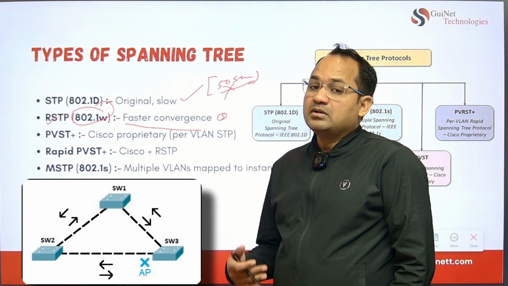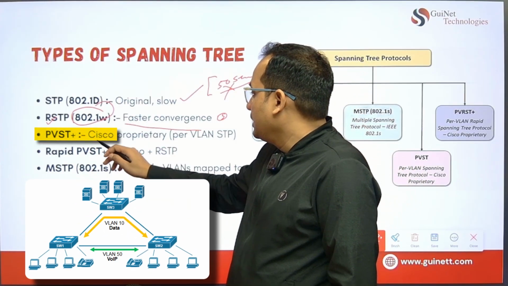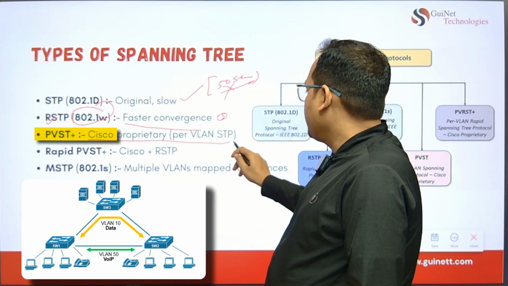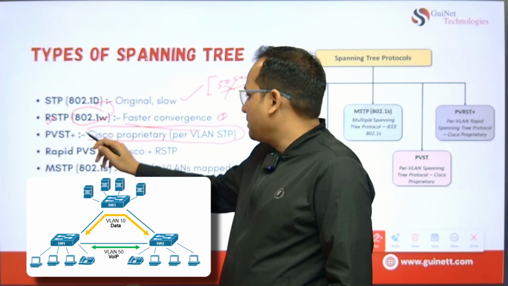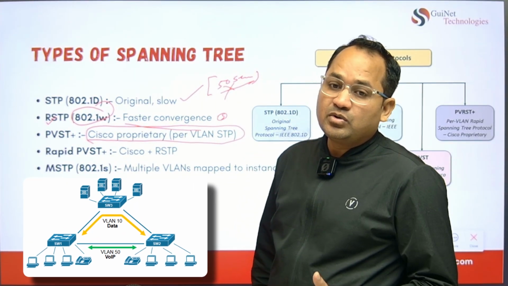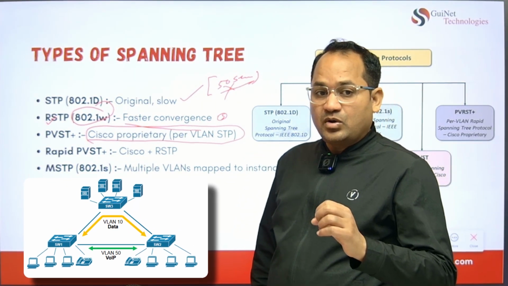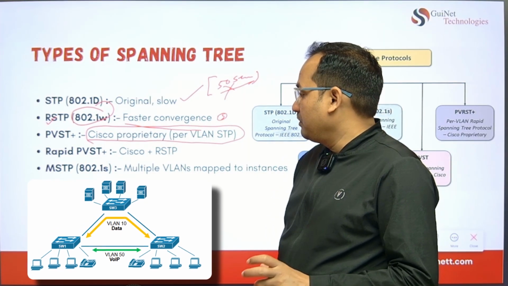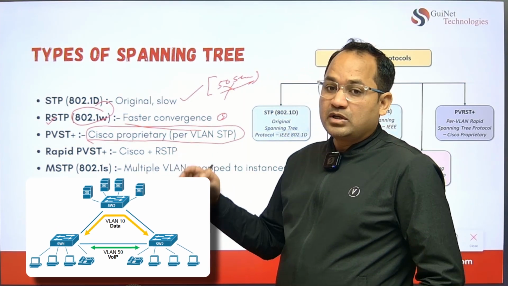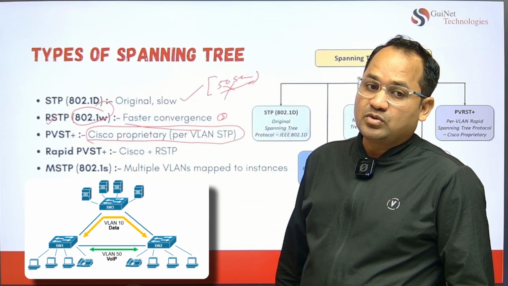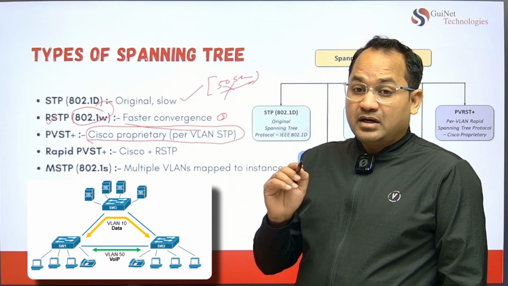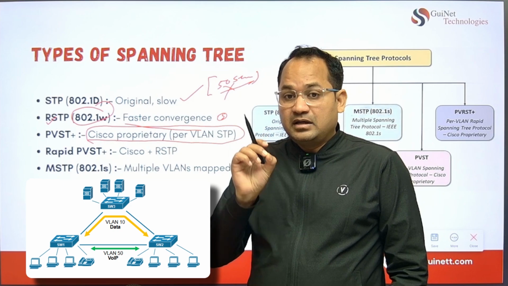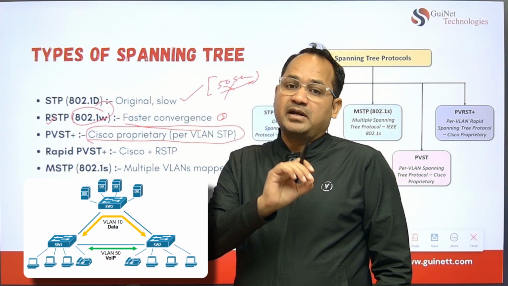And also we have the concept of PVST+. This is Cisco proprietary, but it runs the STP process. It means this is only going to work with Cisco switches. If you want to run per-VLAN spanning tree on Cisco, it is going to work there. If you have 100 VLANs, you can run 100 instances of the spanning tree protocol.